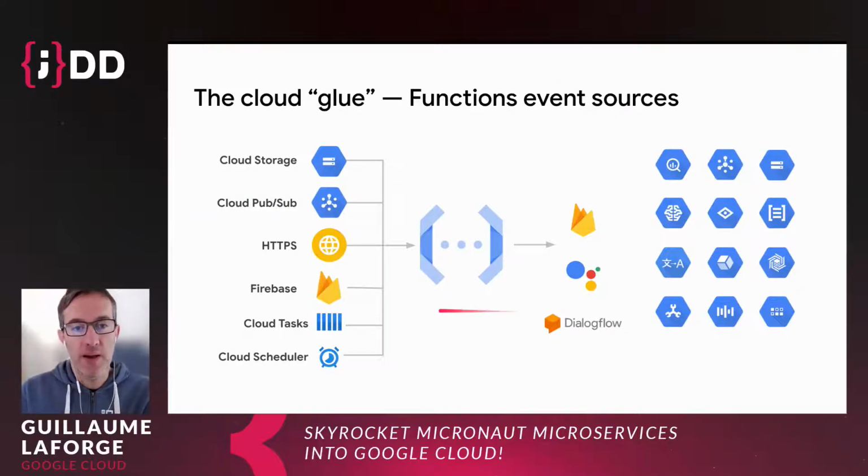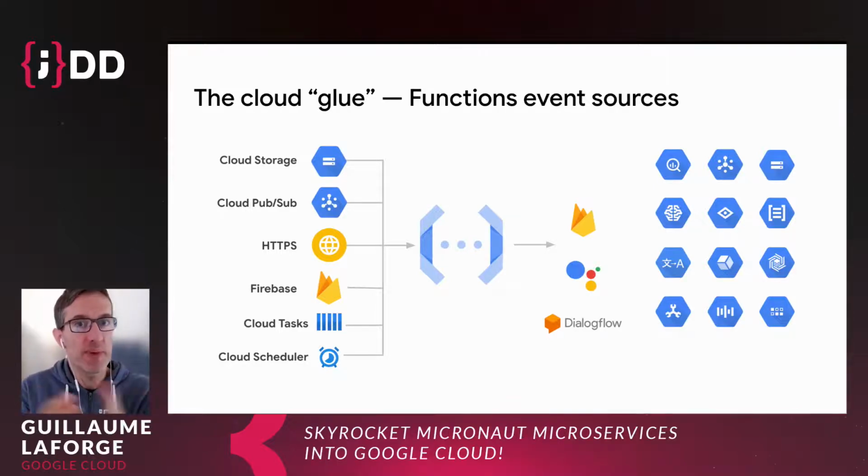I was mentioning some examples of events that Cloud Functions can receive. But Cloud Functions is also used for things like chatbots. For example, when you create actions on Google, which are chatbot kinds of conversations on things like Google Home devices, you can react to incoming chat messages.